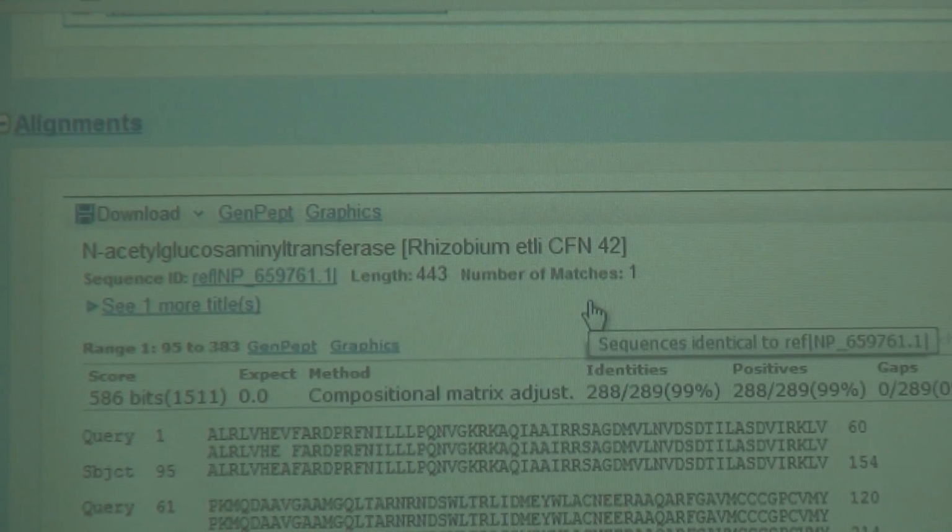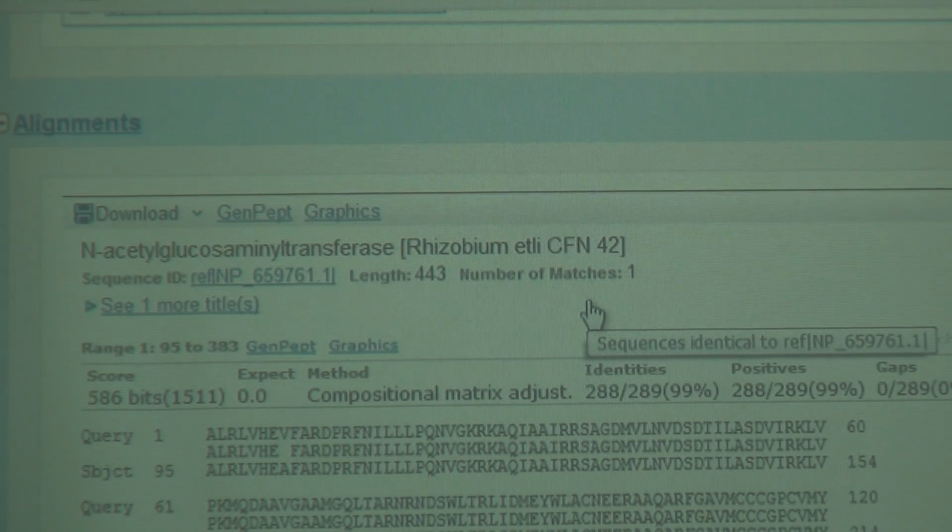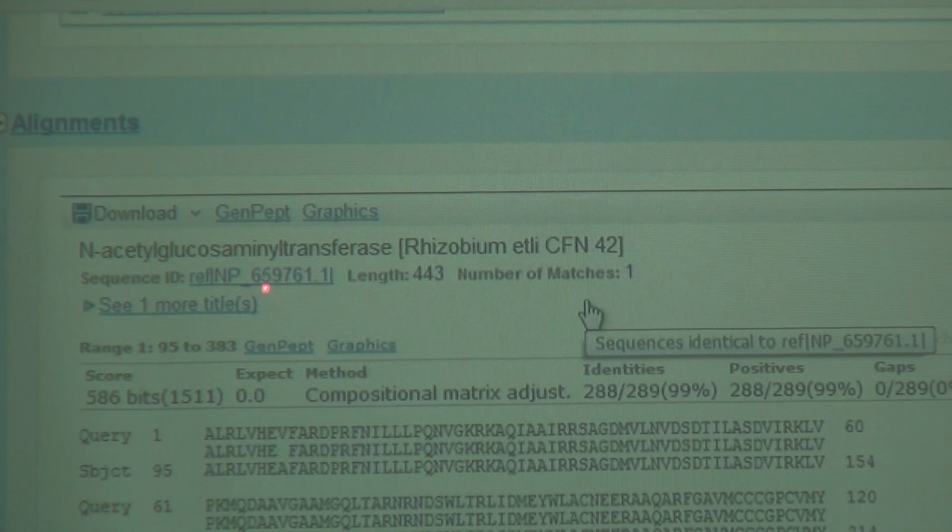So, apart from the alignment, we have many links. If we click here, we will go to the database page of this result.